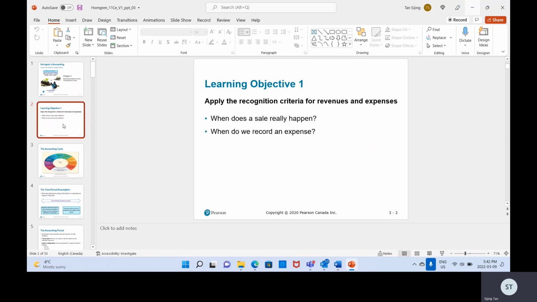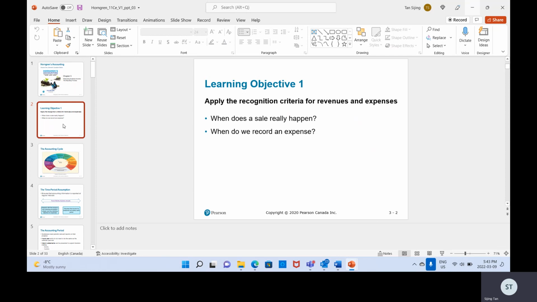We had business transactions in chapter 1, then journal entries and ledger books in chapter 2. Now we move on to chapter 3, where you need to do an adjusting journal entry. Why would you need to do an adjusting journal entry, and how are you going to do it? This is the topic of chapter 3.